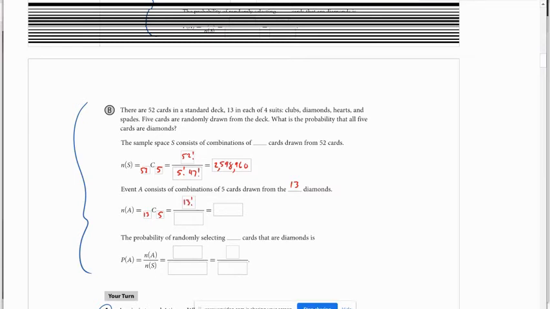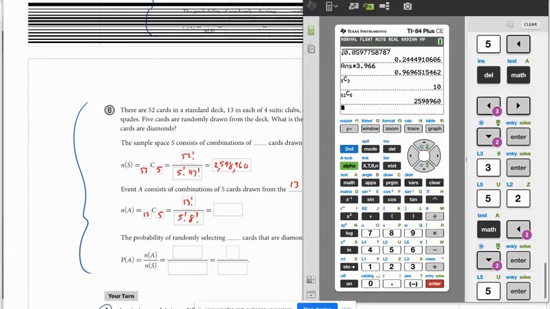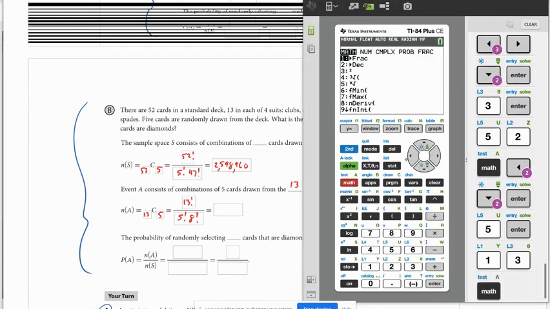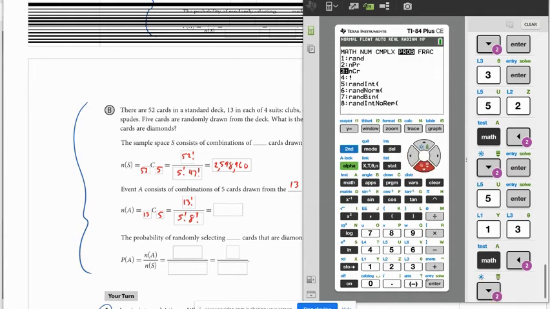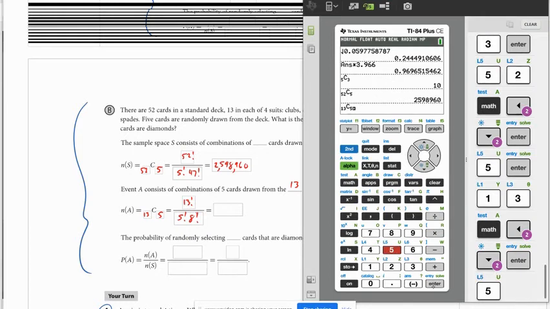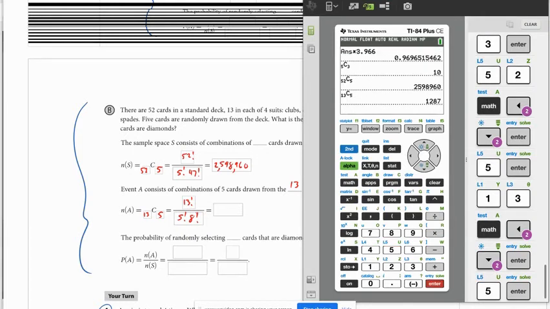So that's going to be 13 factorial over 5 factorial, 8 factorial. So 13 choose 5 is 1287.